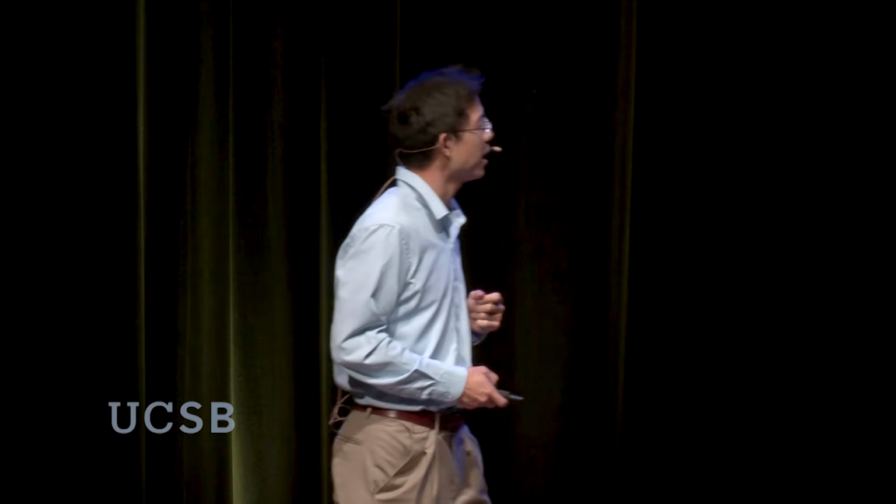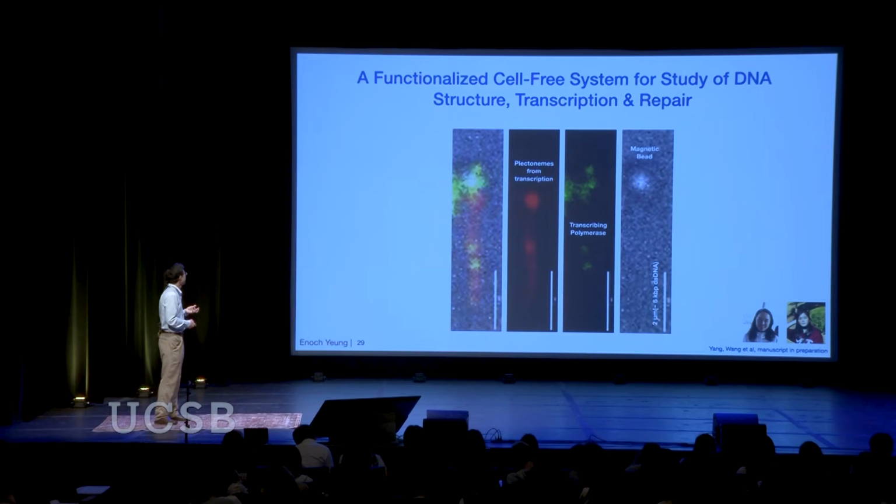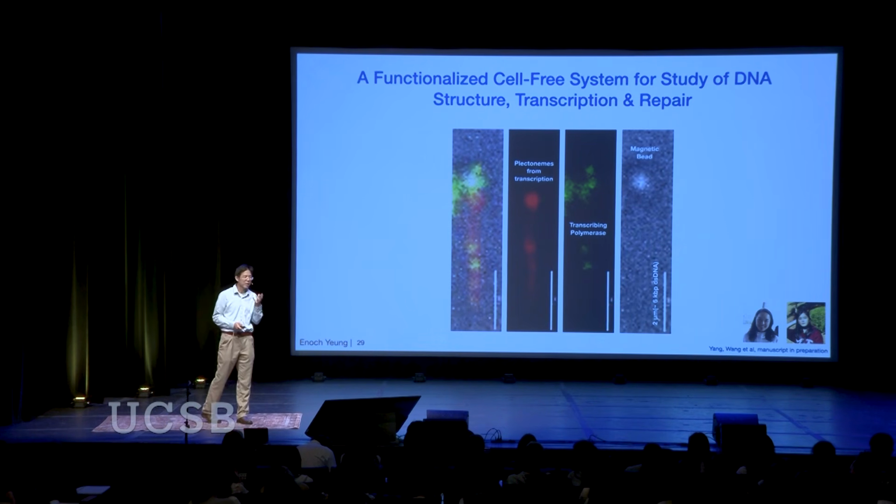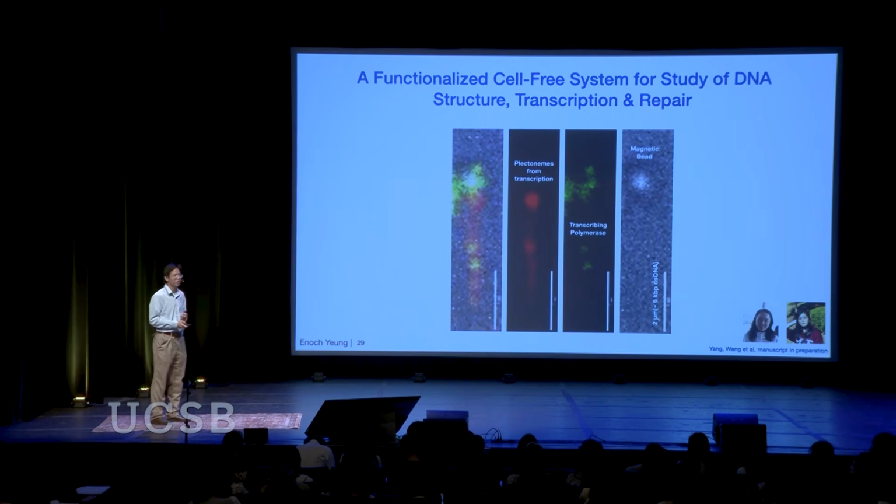It's a really cool feeling to know that you have that degree of control at your fingertips. Now, we are at the point where we get constellations of DNA molecules. The green here indicates fluorescent polymerases. The red here indicates those plectonemes. And what you can see is ultimately that we're at the stage where we can study transcription, DNA structure, DNA repair, all at the same time.